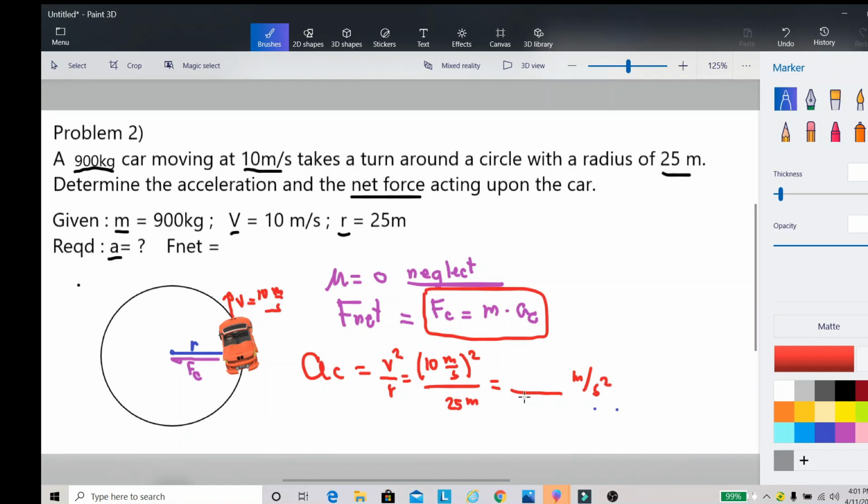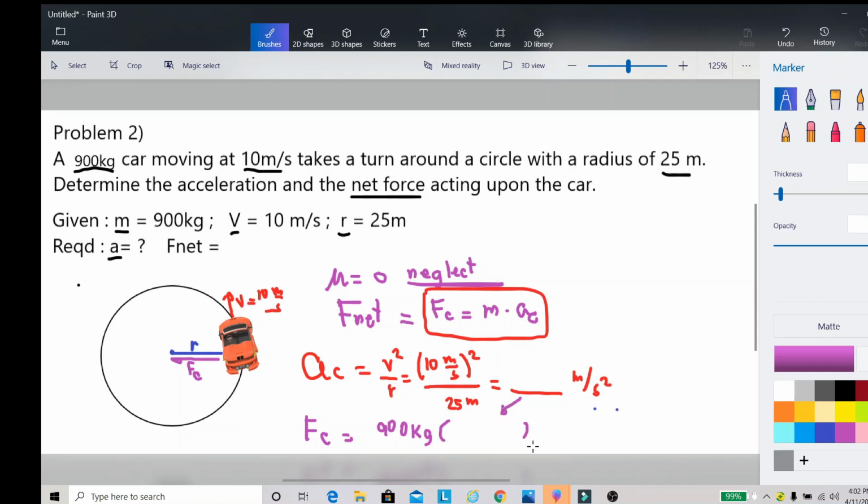Once we get the value of this one, we can get F sub C, which is F sub C is equal to, what is the mass? The mass is 900 kilogram, and that will be multiplied by whatever is this one.